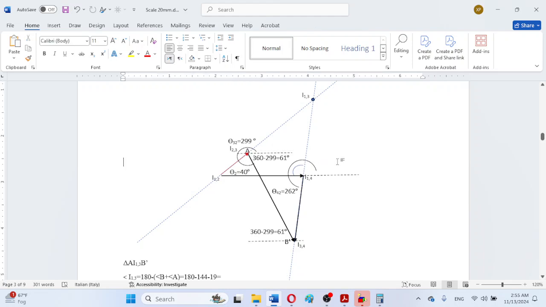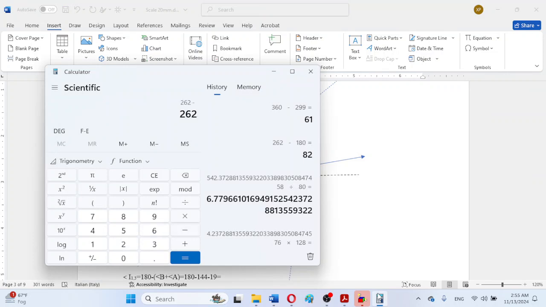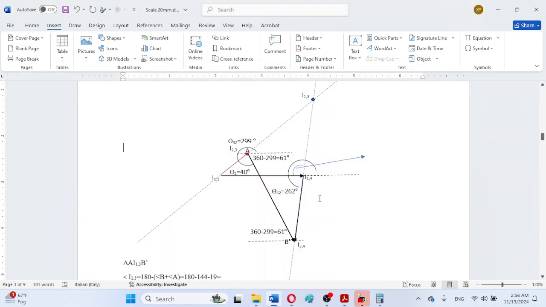This angle, which I can show by drawing this arrow, will be equal to 180 degrees minus this angle, and this angle we had already calculated, the angle between this horizontal line and this rocker line, was 262 minus 180 degrees, which came out to be 82 degrees.